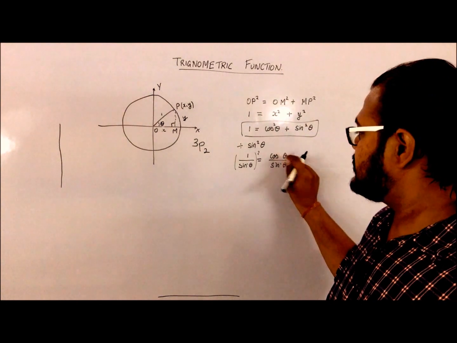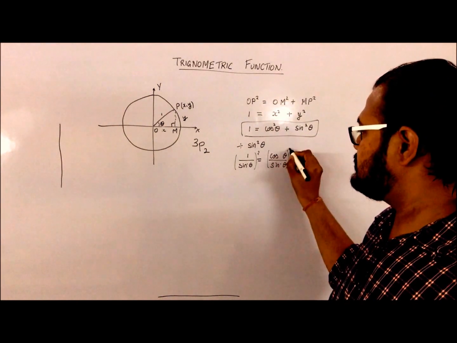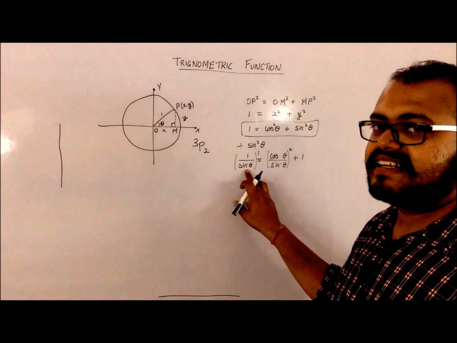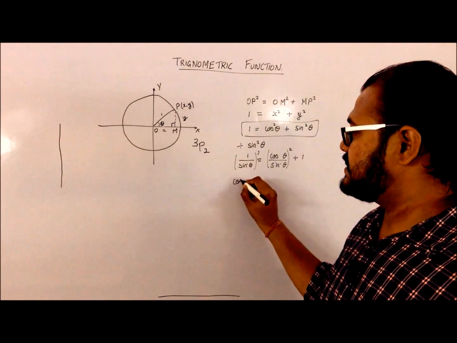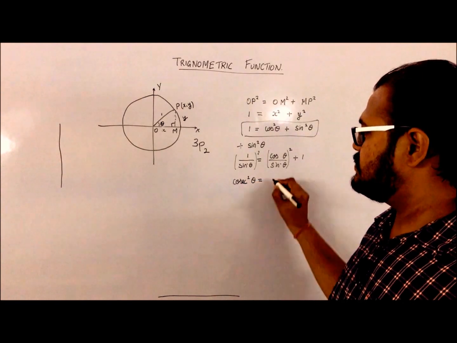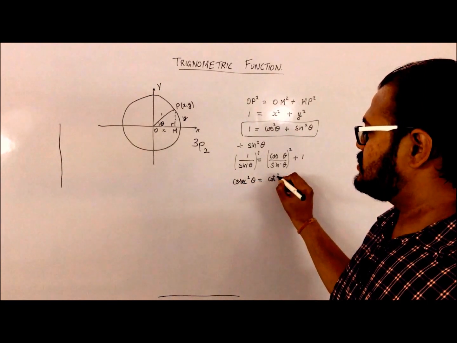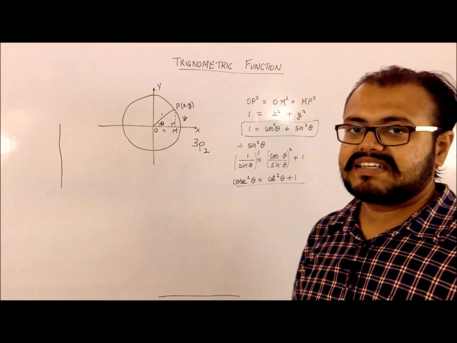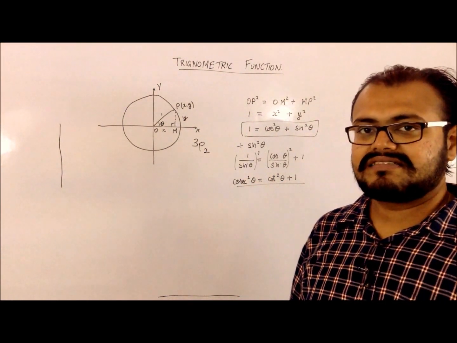This thing can be written as cos theta by sine theta the whole square. So I am having 1 by sine theta as cosec, so cosec square theta is equal to cot square theta plus 1. So this becomes my second identity.